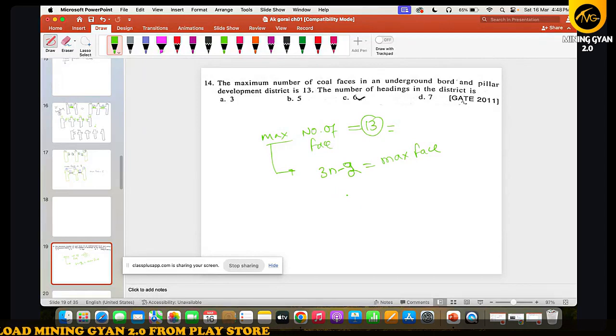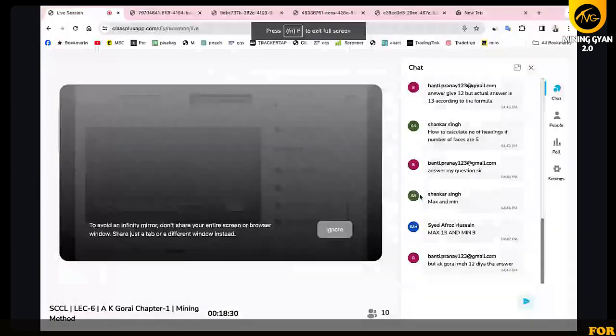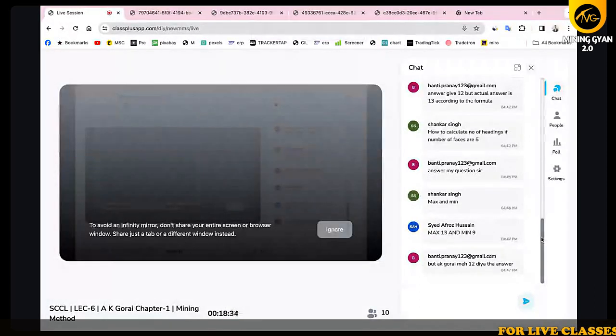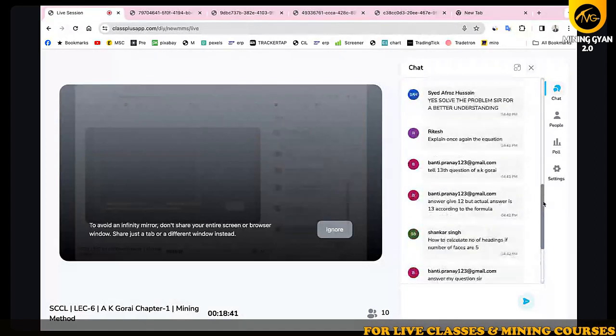So when we have maximum phase 3n minus 2, 3n equal to 15, n equal to 5. So answer given 12, but actual answer is 13 according to the formula.